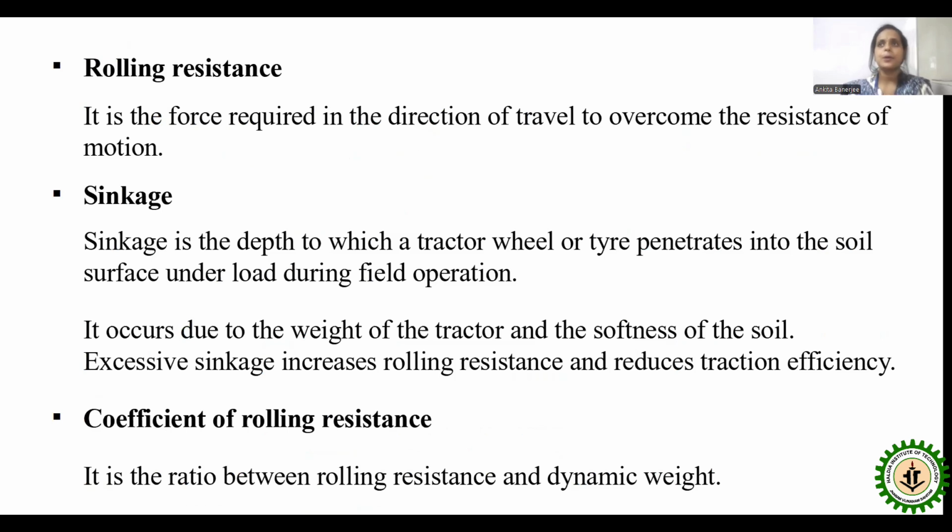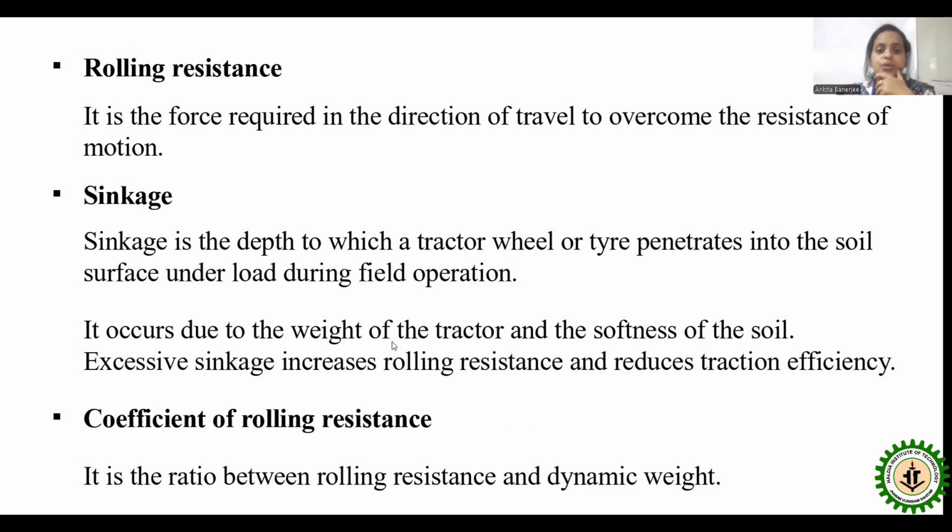So if there is a load on the tractor wheel, it will press the soil surface and the tractor wheel faces some pressure, it will increase that sinkage, and if there is some sinkage and proper load, it means there is a good grip between the tractor tire and soil, so definitely the traction will be improved.